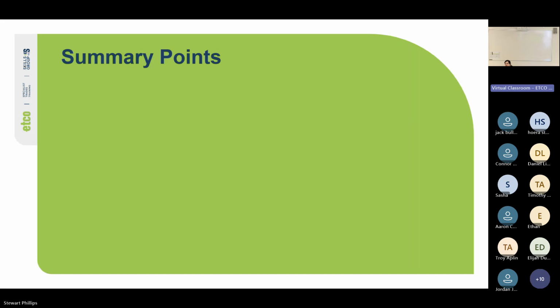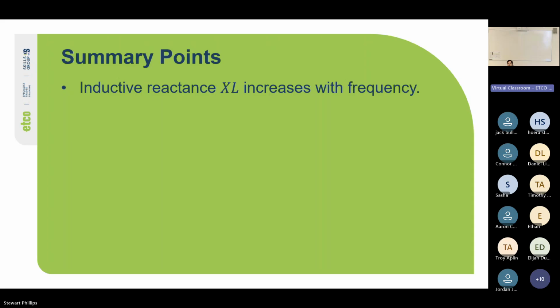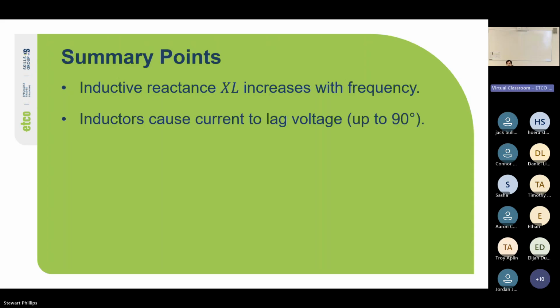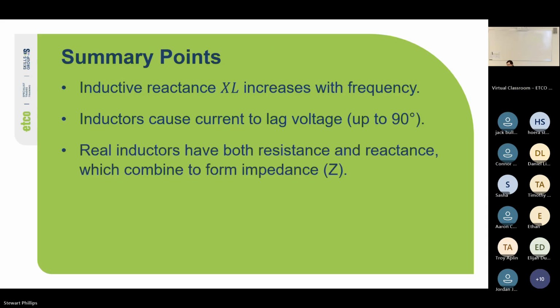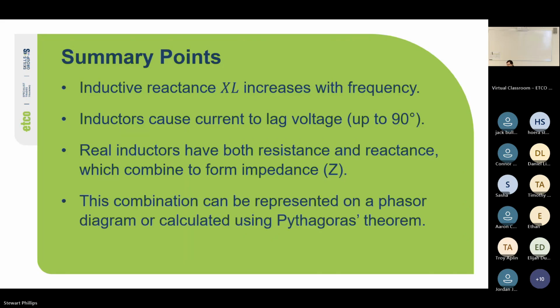Cool. So some summary points of what we've talked about so far. Inductive reactance increases with frequency. Inductors cause the current to lag up to 90 degrees, but never quite 90 because of the inherent resistive nature of a coil. Real inductors have both resistance and reactance, which combine to form our impedance.